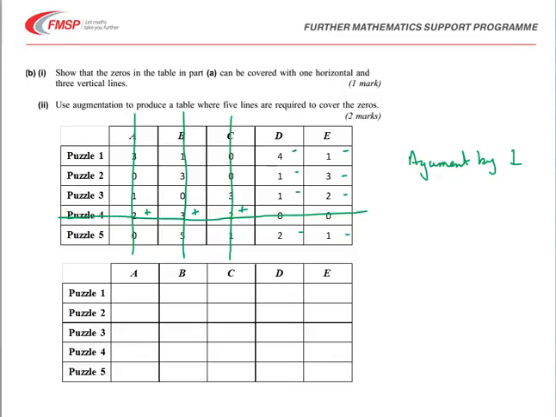So when we complete that procedure, the top row becomes 3, 1, 0, 3, 0. The next row is 0, 3, 0, 0, 2. Then 1, 0, 3, 0, 1.